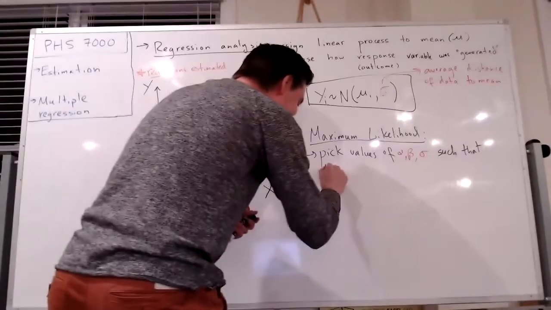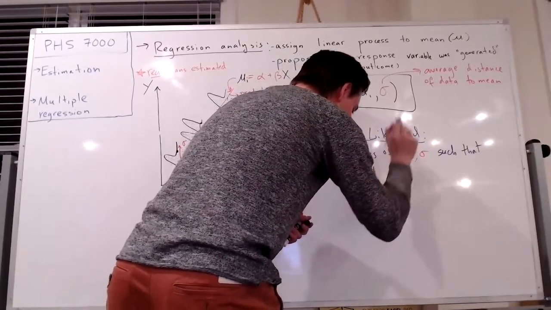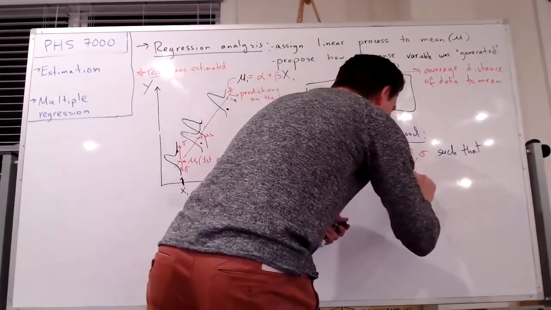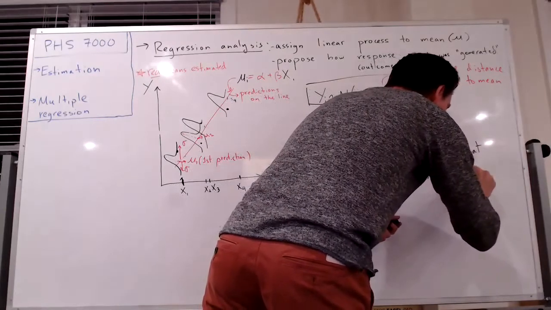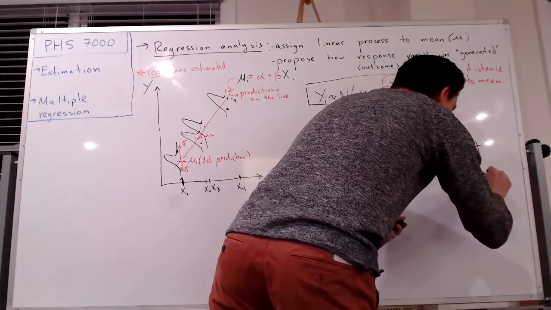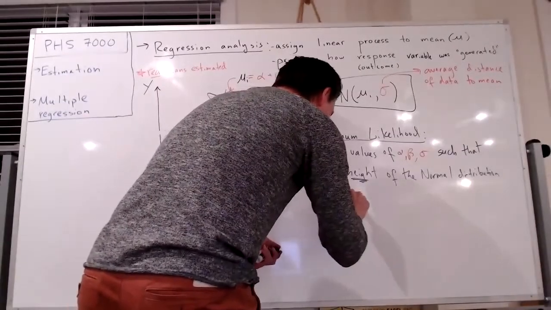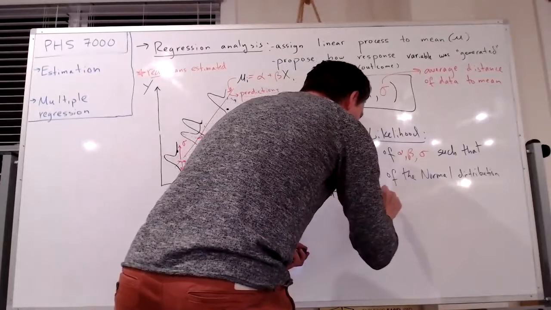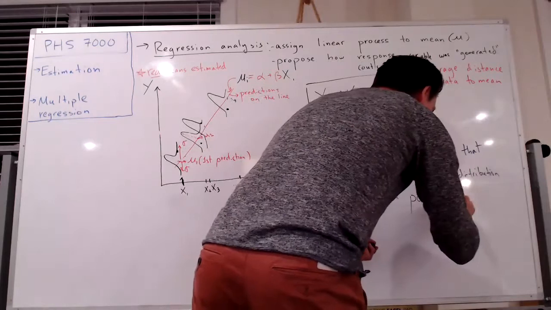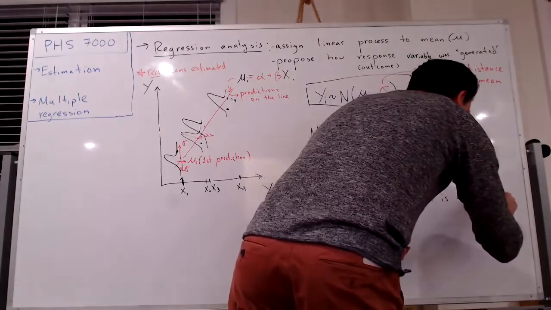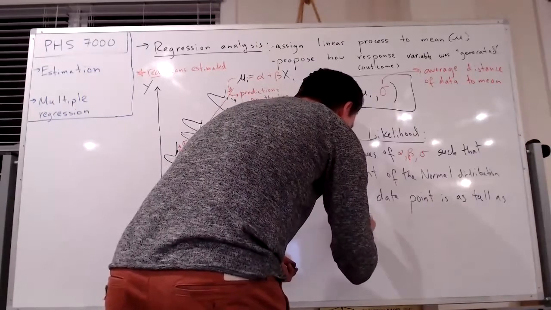the height of the normal distribution at every data point is as tall as possible.